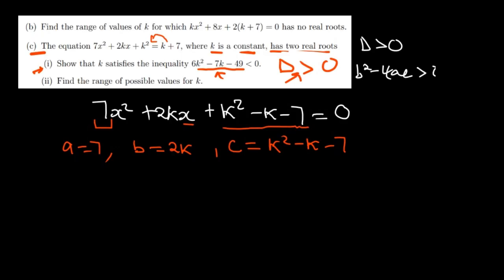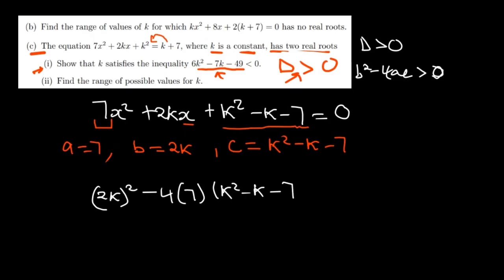Our b is 2k, so we have 2k squared minus 4 times a, which is 7, times c, which is k squared minus k minus 7. Because this question has two real roots, this should be greater than 0. Let's show that we can manipulate this into the inequality we want.